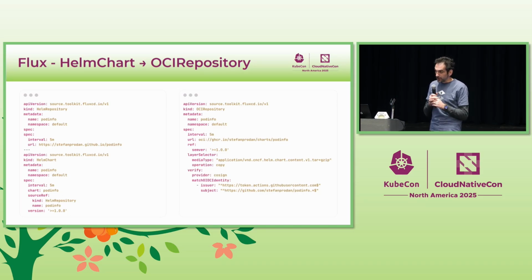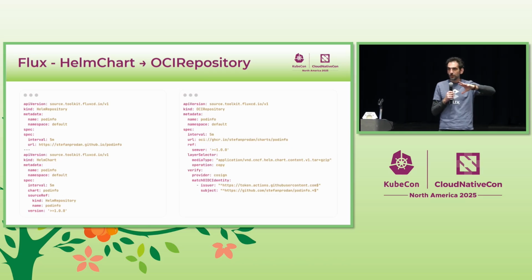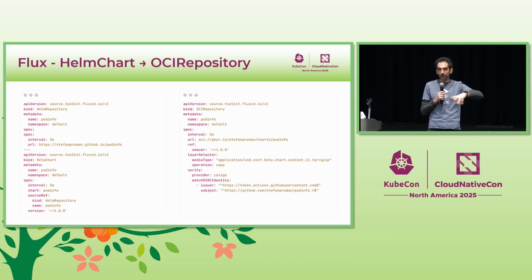So it's a unification of storage from the outside, but it also changes a little bit how you deal with Flux and how you think about Flux objects and sources. Ideally, you'll deal with only one source. You don't have Helm repos, Git repos, Helm charts. You have OCI repository everywhere as a source, and that also simplifies the way you think about structuring the Flux workflows and so on.